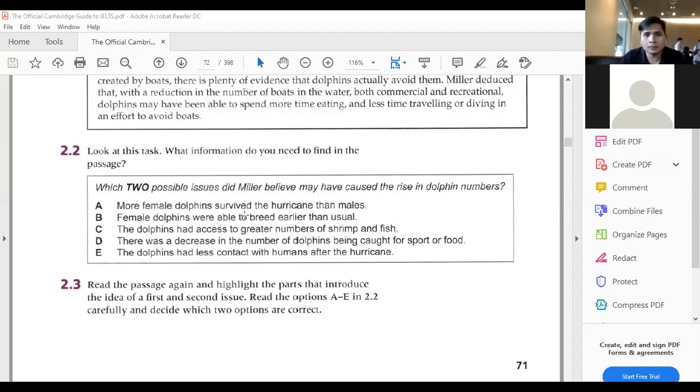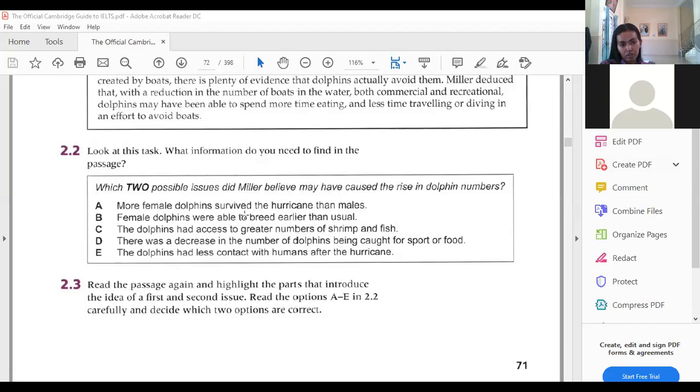Where can you get the answers? Choice A, more female dolphins survive the hurricane than males. Choice B, female dolphins were able to breed earlier than usual. Choice C, the dolphins had access to greater numbers of shrimp and fish.